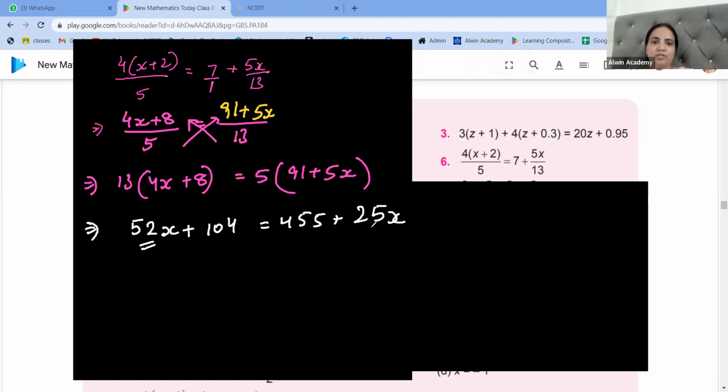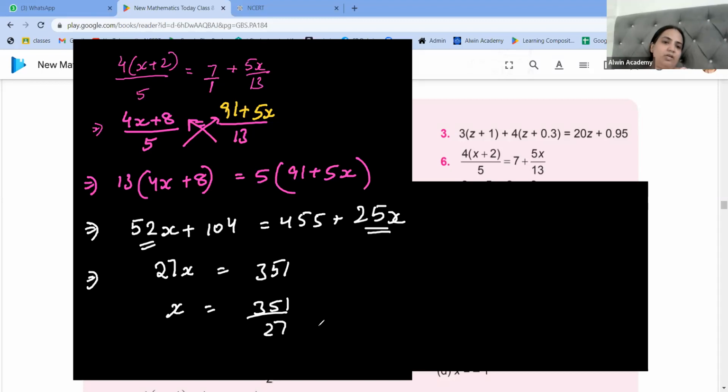Let's transpose things to the other side and solve. 52 minus 25 would be 27. x equals 104 subtracted here would be x equals 351 by 27.